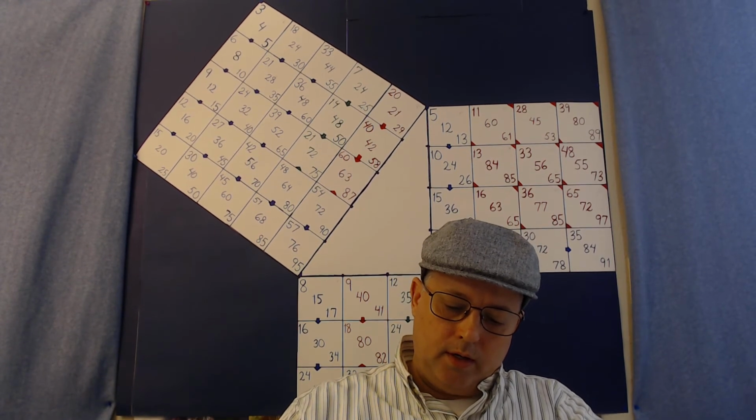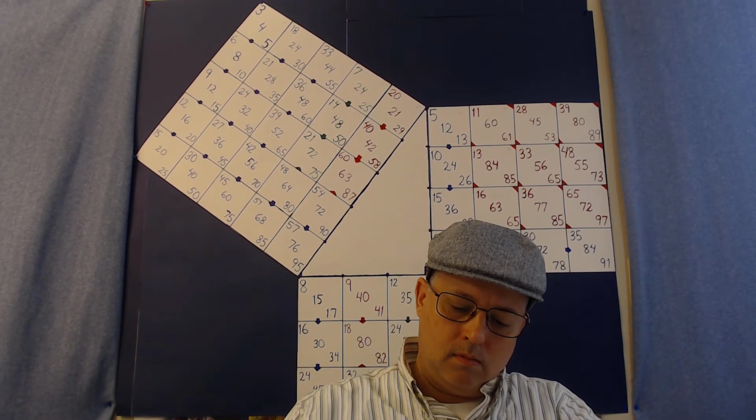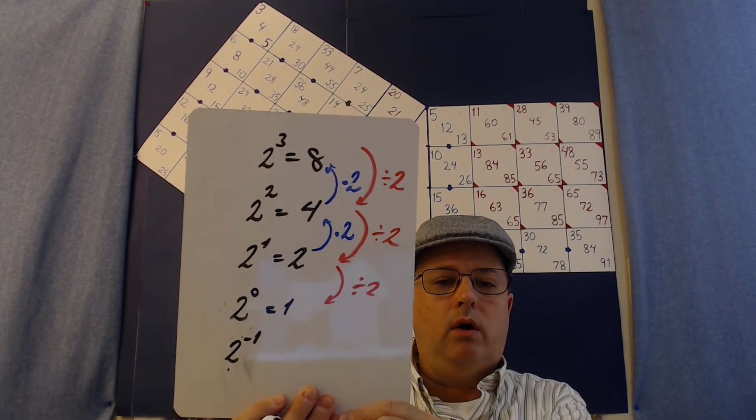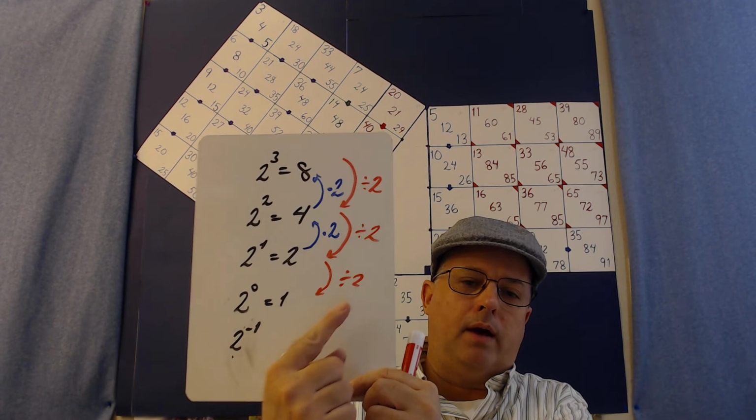Because what is 2 to the negative 1? Okay, 2 to the negative 1. Well, let's keep going on in this pattern by dividing by 2.